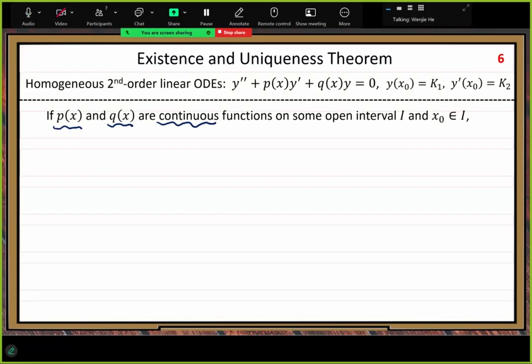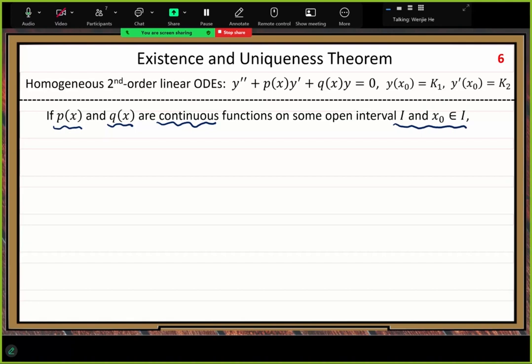All right. On some open interval I containing the x0 value. The initial condition is on this x0 point, but we need a neighborhood.